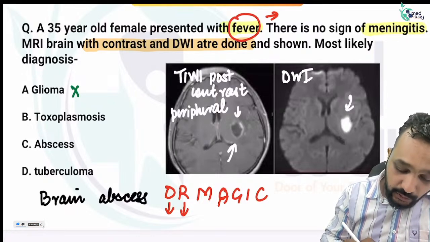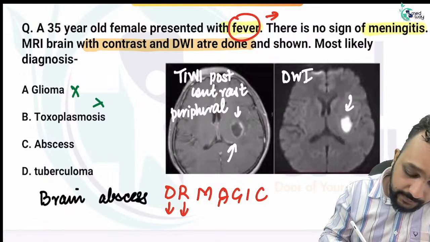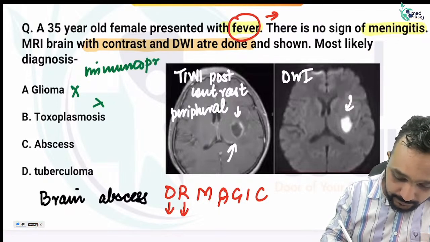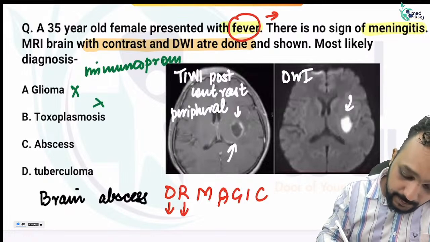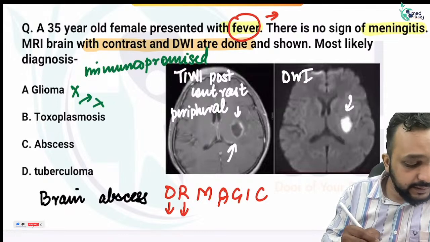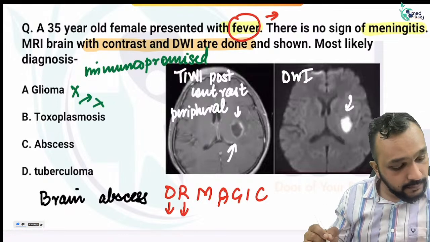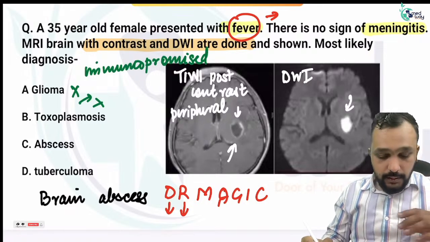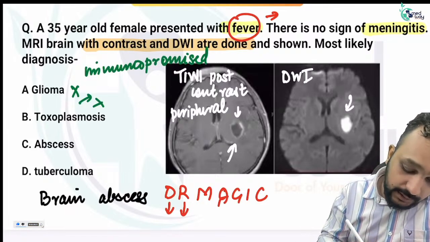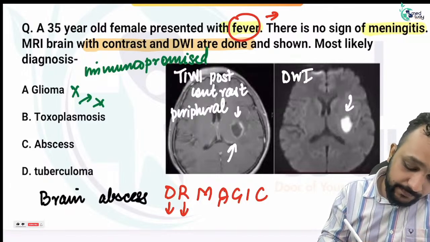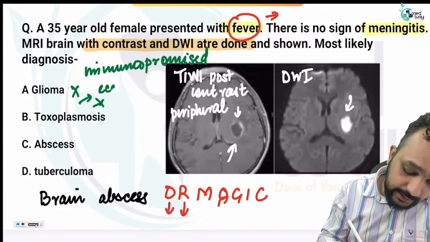Toxoplasmosis is seen in immunocompromised patients, and in toxoplasmosis you will see the eccentric dot sign.